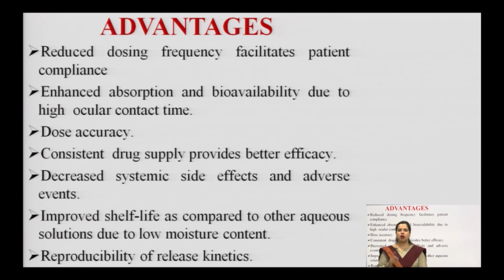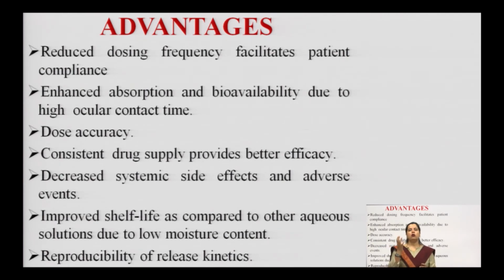Dose accuracy is there, as it releases the drug at a predetermined rate. Dose consistency is there, as it supplies the drug in a consistent manner to provide better efficacy. It decreases systemic side effects and adverse events, right. If we get a localized effect, then the drug will show its effect in the eye region in maximum proportion, as the contact time is more.